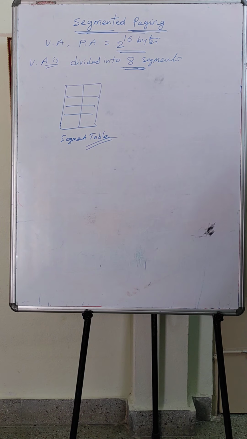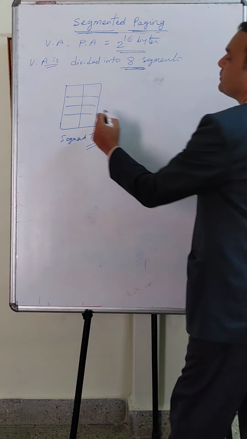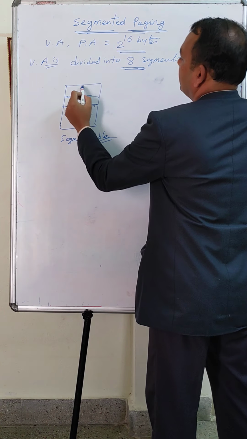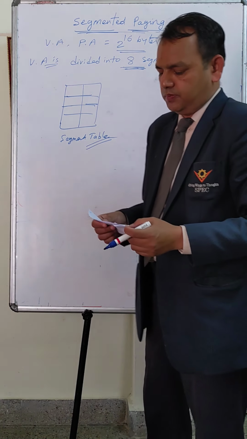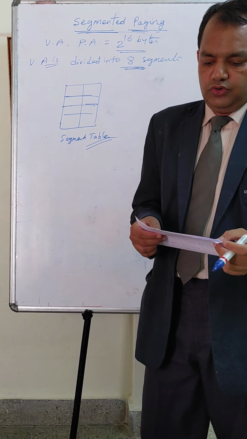Each entry of which contains the physical address of the page table for the segment. Okay, what does that mean? I'll repeat once again. This problem has come in the GATE examination, please note it down.